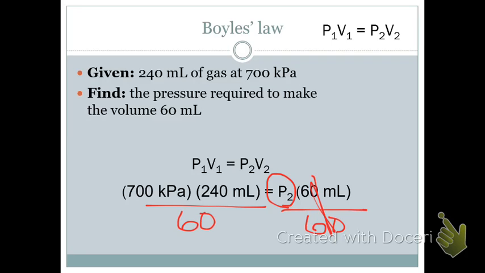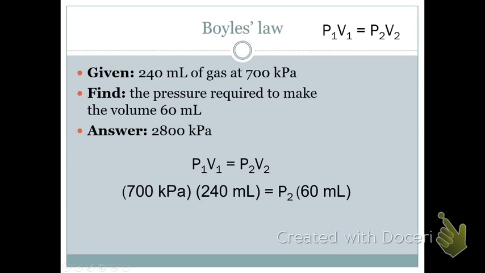Clear your calculator. Open parentheses, 700 times 240, close parentheses, divided by 60. Press the equals sign. Our answer should be 2,800, and because I gave you your pressure in kilopascals and I'm asking for pressure, you give me kilopascals back.